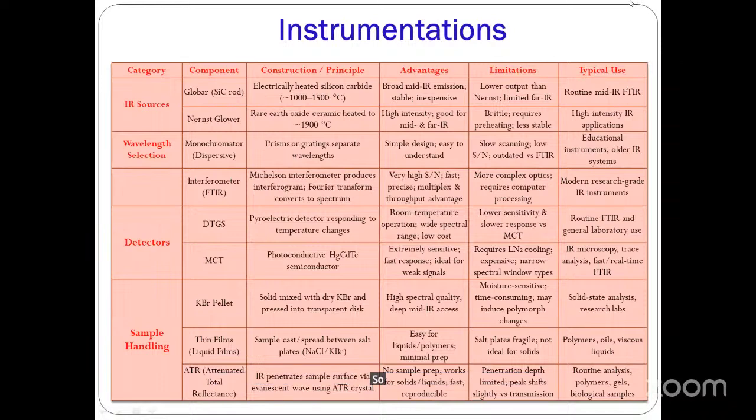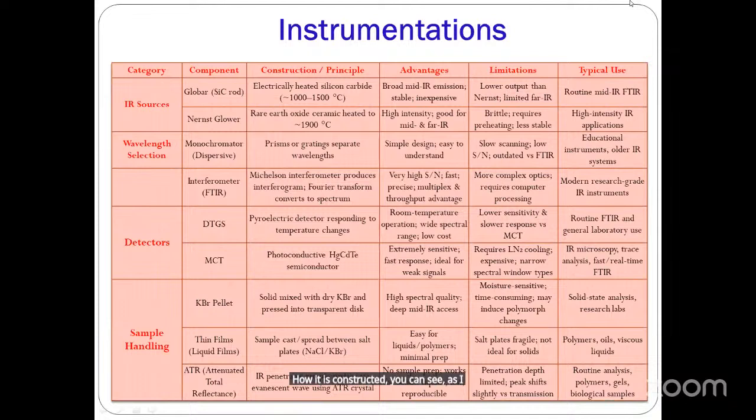Whenever we are choosing a particular IR instrument, the radiation source may be Globar, silicon carbide rod, or it may be Nernst Glower. How it is constructed, you can see.